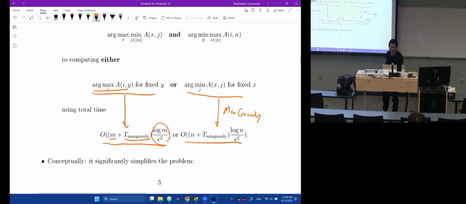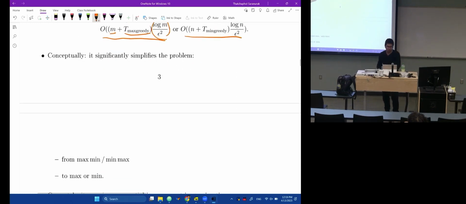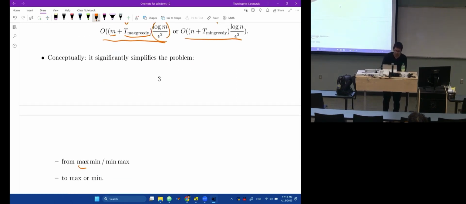And conceptually, this significantly simplifies the problem, because min-max and max-min is a problem with two quantifiers, and you reduce it to just a max problem or min problem, just one quantifier, much simpler. And you will see in action how much simpler it can be today.